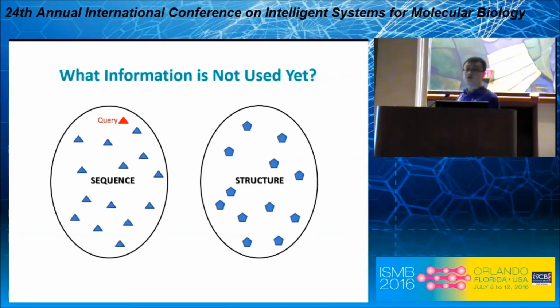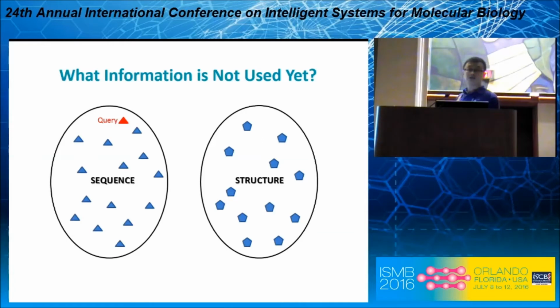However, to our knowledge, none of the existing methods has explicitly and directly incorporated the entire topology and network information of the entire sequence space and that of the structure space. And that's the motivation of our work.